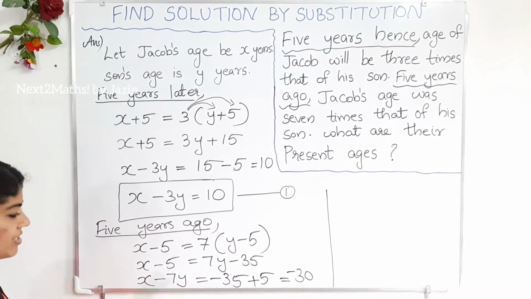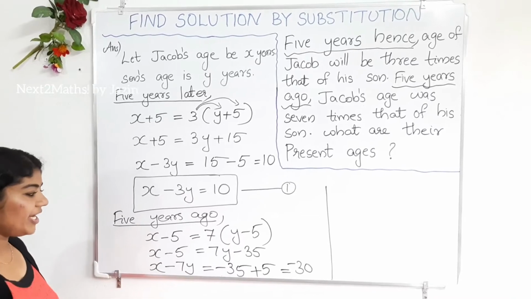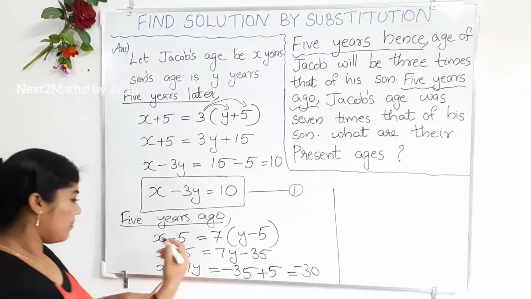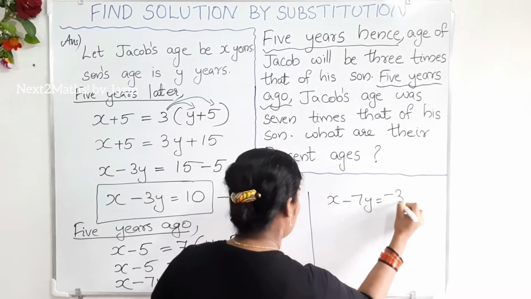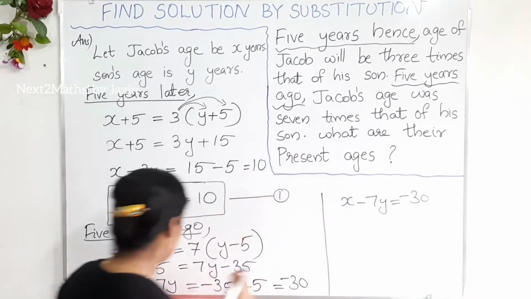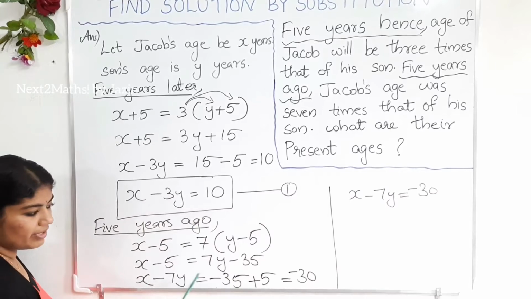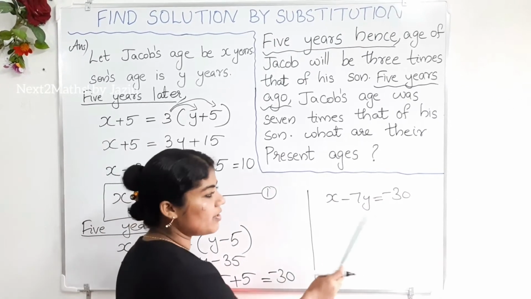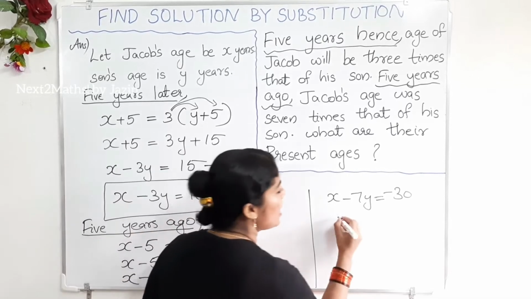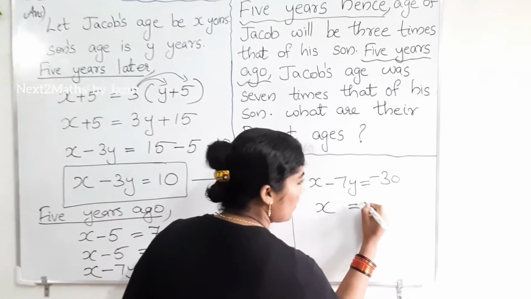Okay, so next step, what we are doing, we need x. So from the next step, x minus 7y equal to minus 30. See, the same I have written there, x minus 7y equal to minus 30. So this is our next step. What I am going to write is x equal to minus 30.